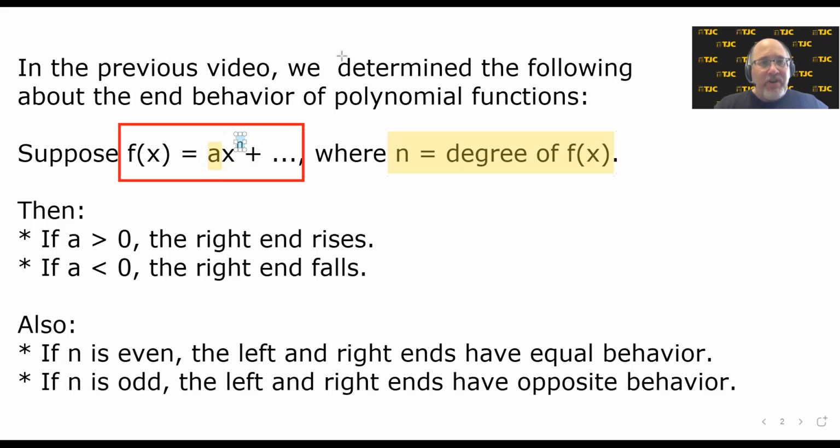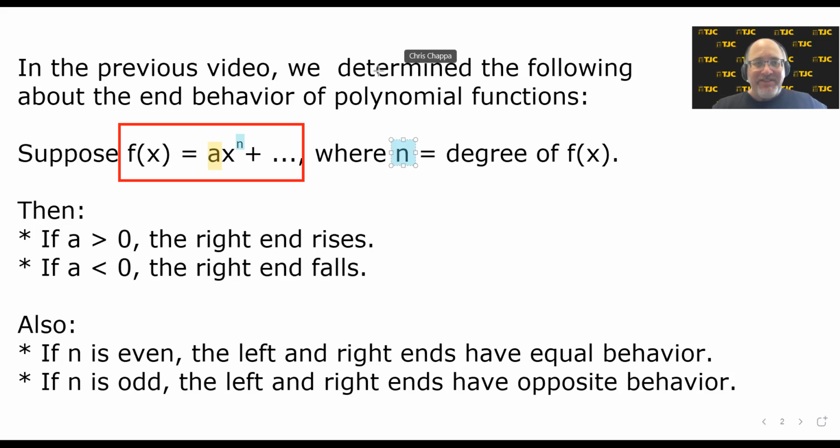If we know the degree, n, and we know the leading coefficient, for now we're just calling it a. I'm not bothering subscripting it with an n like we did in the very first video, because we're only looking at that one term. But if we know that information, then we can say two things.